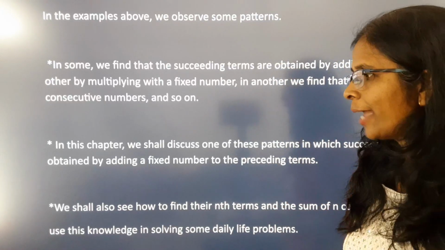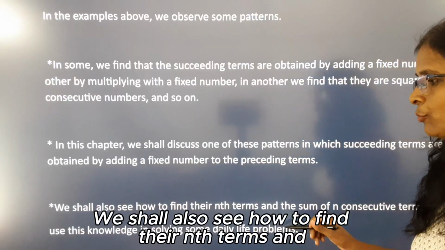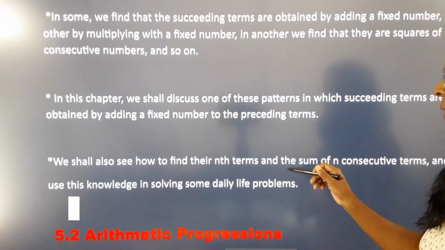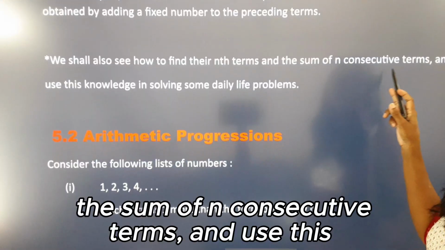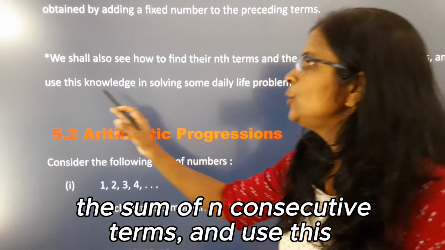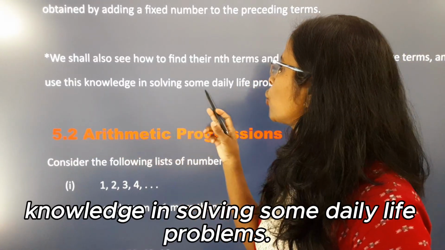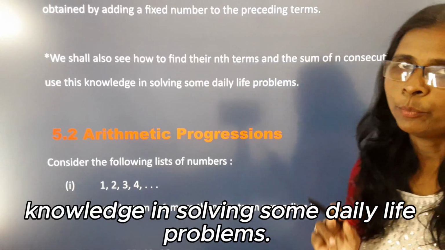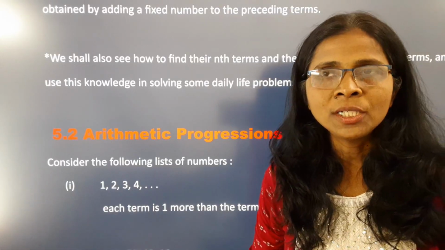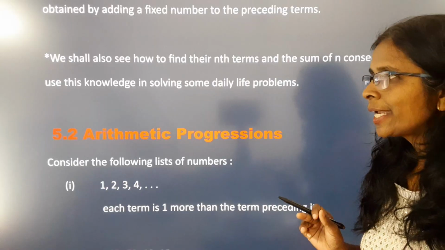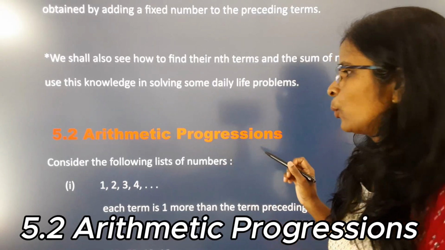We also have to find their nth term and the sum of n consecutive terms, and use this knowledge in solving some daily life problems. So now students, let us see the second topic, arithmetic progression.